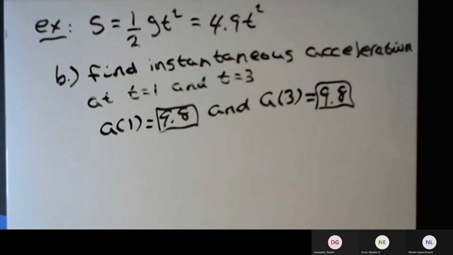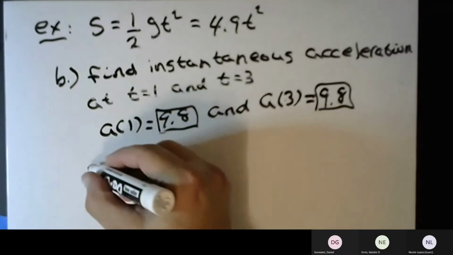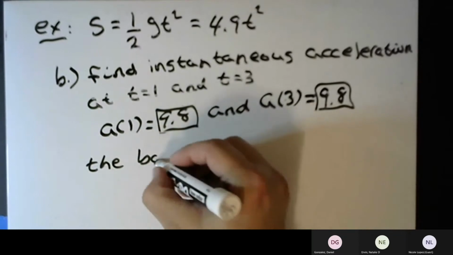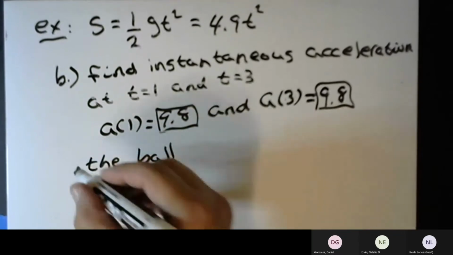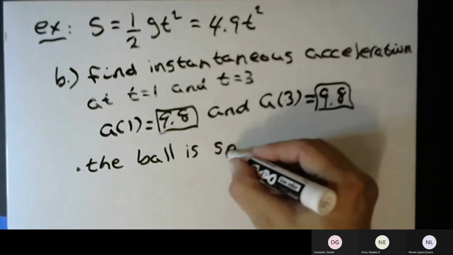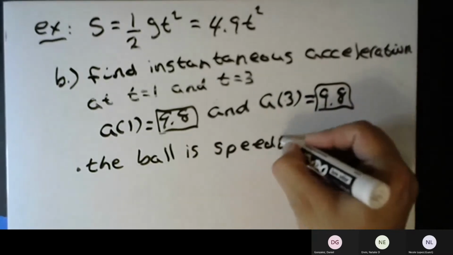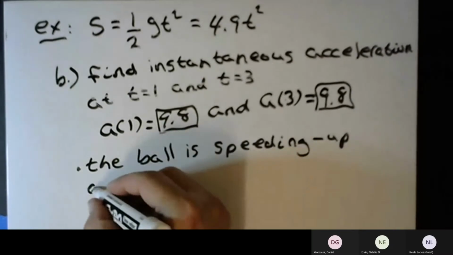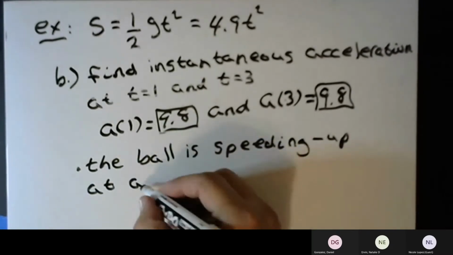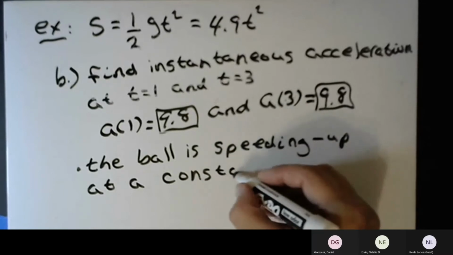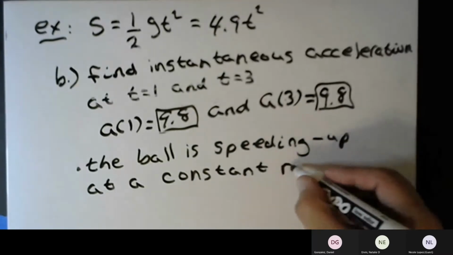Now what this means is that the ball, if you're thinking of a ball, again, dropping, is speeding up at a constant rate.